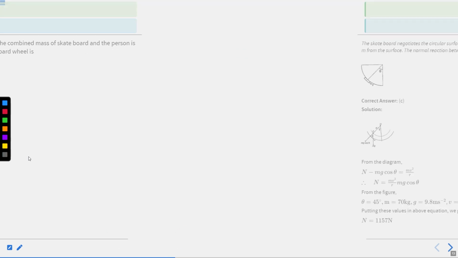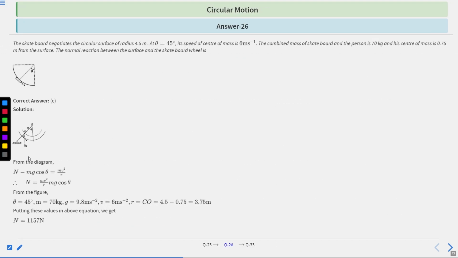Let's find a solution. From the diagram, N minus mg cos theta equals mv square by r, so N equals mv square by r plus mg cos theta.